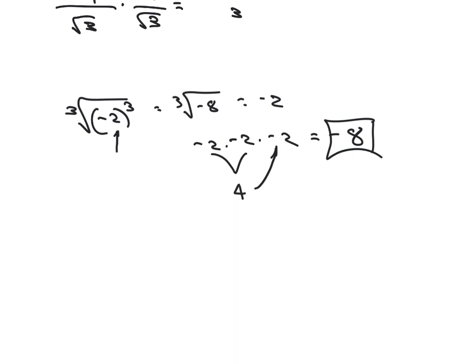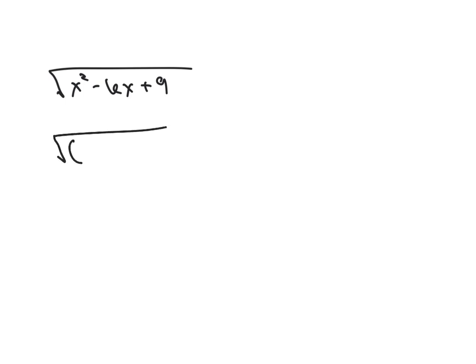So just real quickly, I want to look at number 13, because I noticed there is a homework lesson with one similar to this. They've got a trinomial under here, and you pretty much just pretend that radical sign doesn't exist, and you just factor it into your 2 binomials, x minus 3, x minus 3, and that equals x minus 3, the quantity squared.